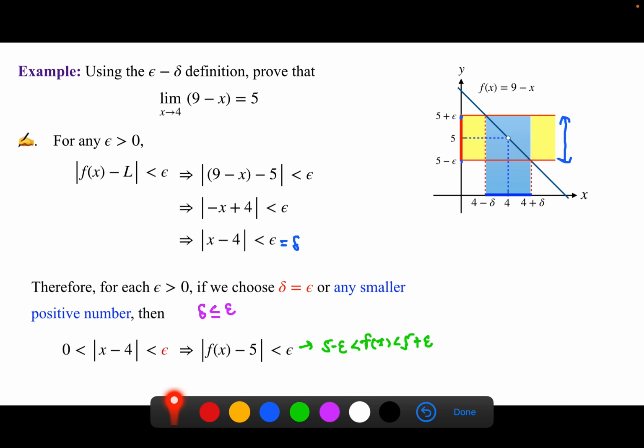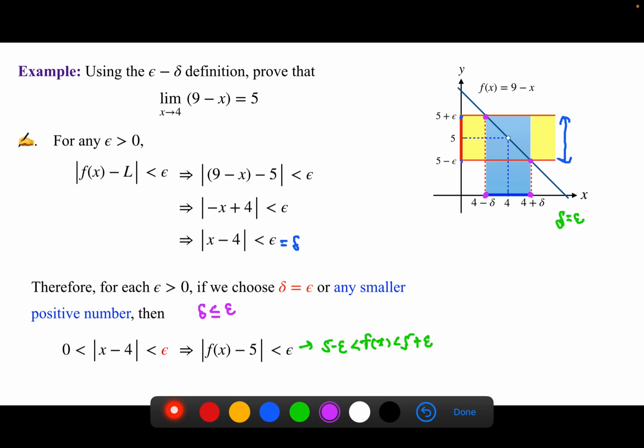In this graph, delta is epsilon, and you can see this from the function values: f of 4 minus delta is 5 plus epsilon and f of 4 plus delta is 5 minus epsilon.